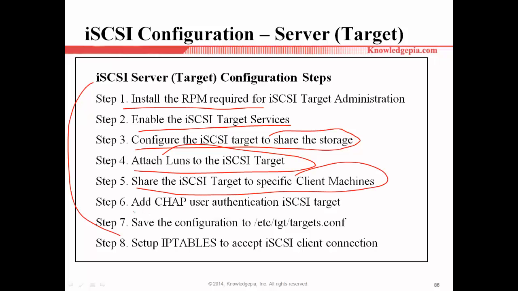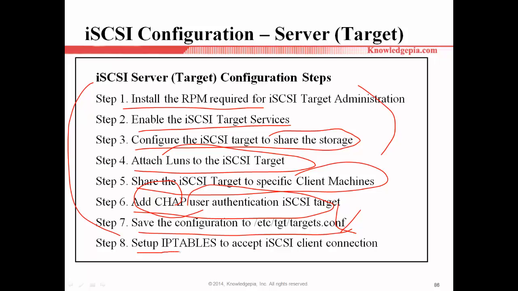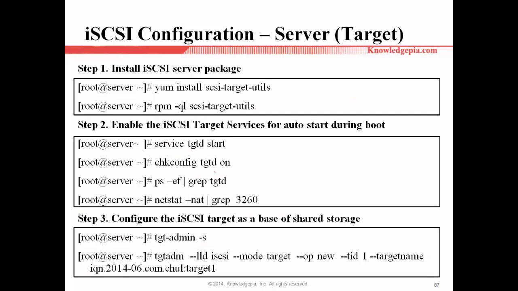And the iSCSI server needs this kind of authentication using CHAP. And number 7, save all the configuration to the main configuration file. And after that, the last step will be setting up iptables.